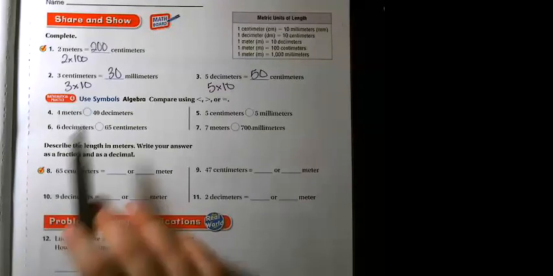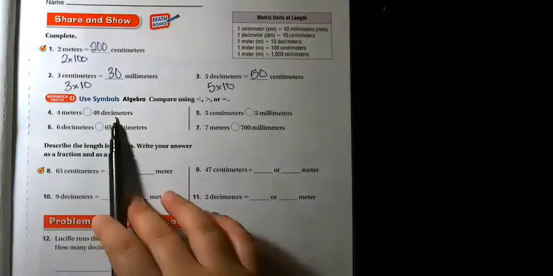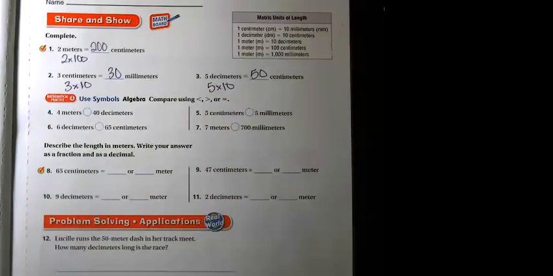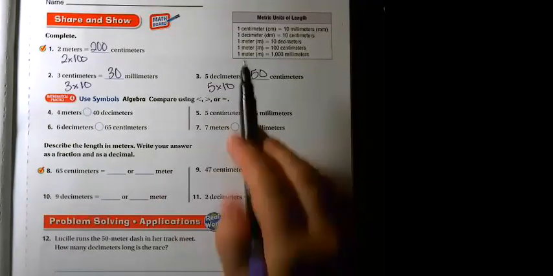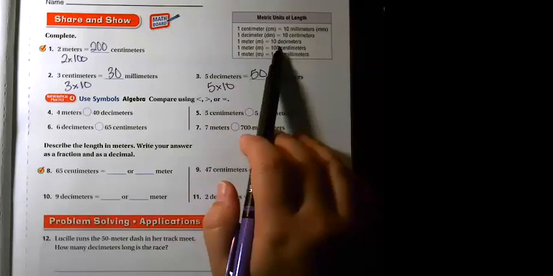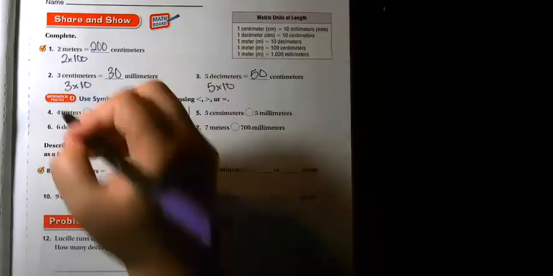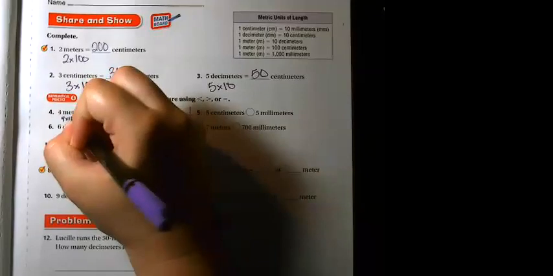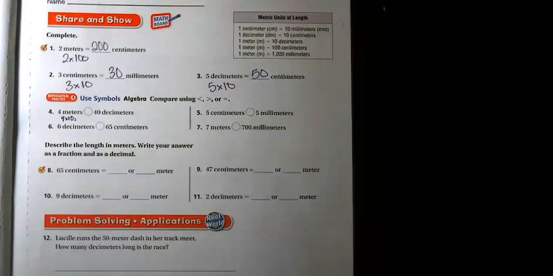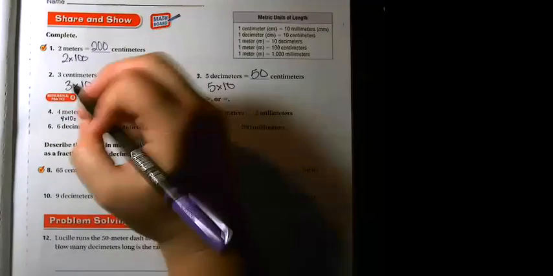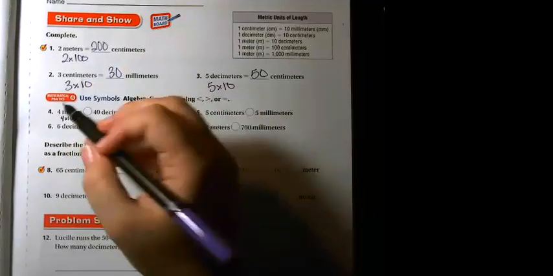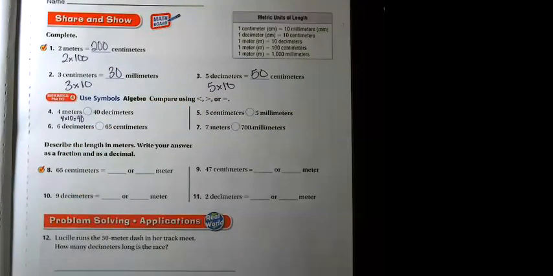I know that a meter is bigger than a decimeter. So I need to see how many decimeters make 1 meter. If I look at my chart, 1 meter is made by 10 decimeters. So I would do 4 times 10 to get 40. Wonderful. So 4 meters is the same thing as 40 decimeters.